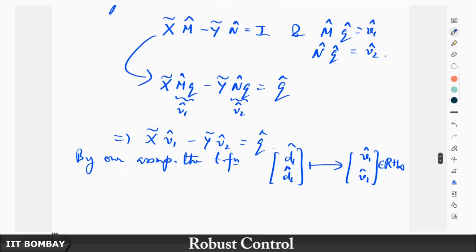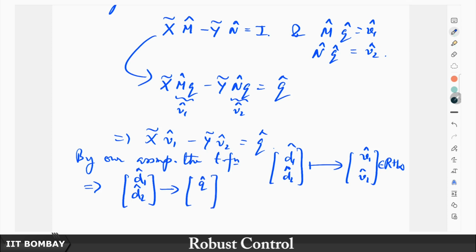Therefore, because these are compositions of maps, both of which are in RH infinity, the composition would also result in a map that is in RH infinity. Hence, we can say that this entire map from d1 hat, d2 hat to q hat at least is in RH infinity.